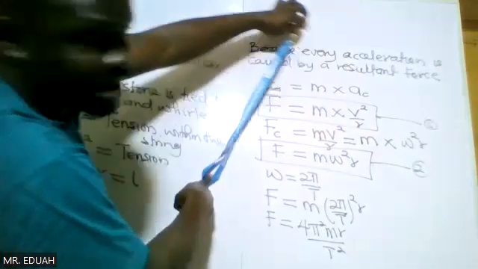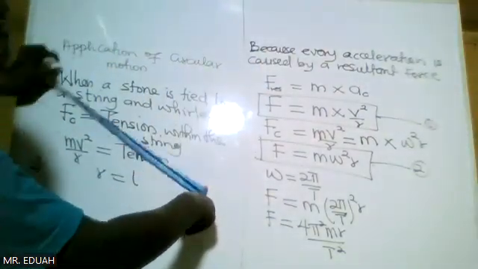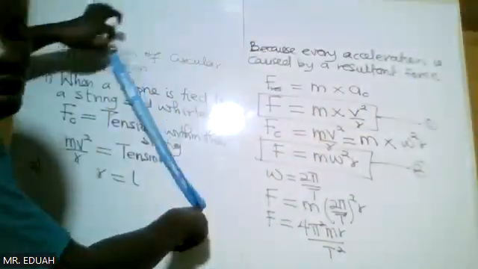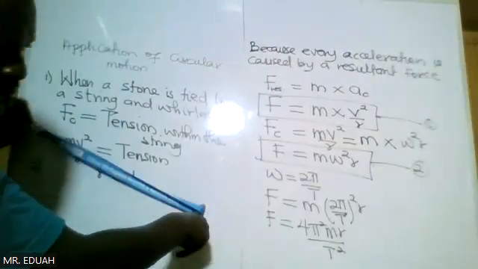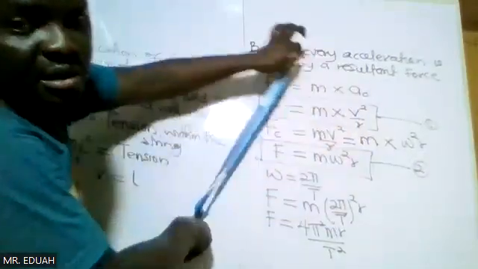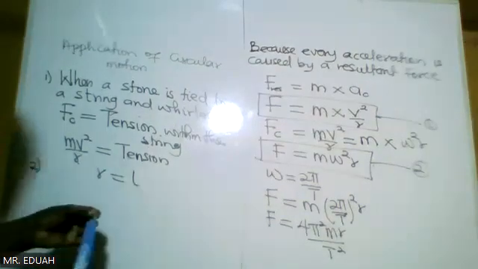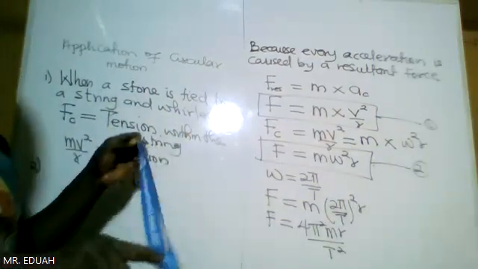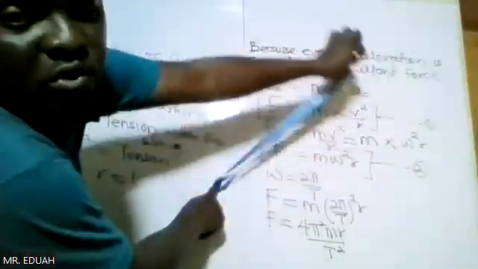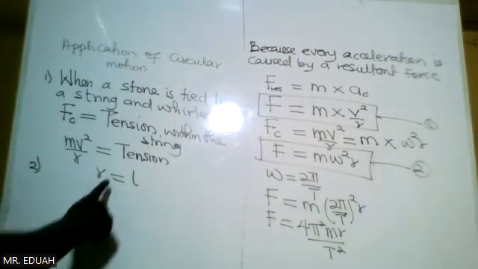So when it is describing a circular path, the radius of the circle is equal to the length of the string L. Are you okay with the illustration? Yes. So when an object is tied to a string and whirled, the radius of the circle R is equal to the length of the string L. Hence, R is equal to L.